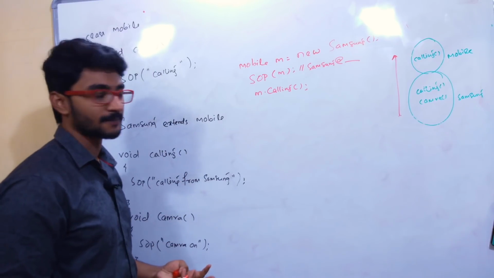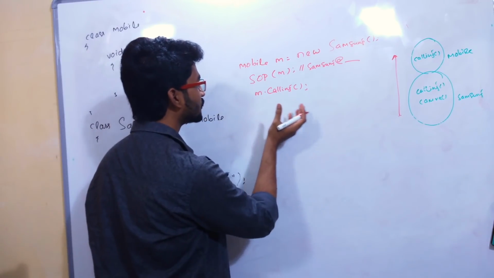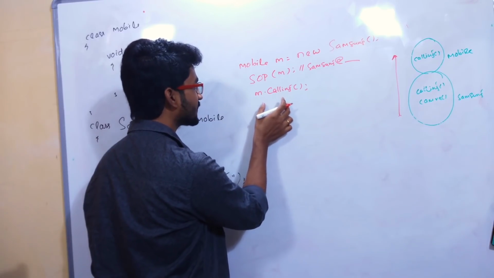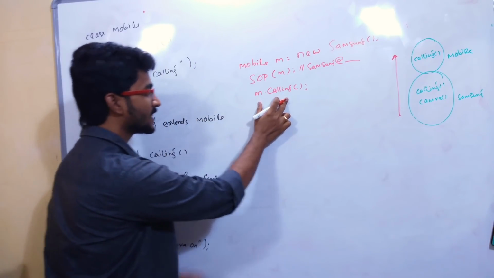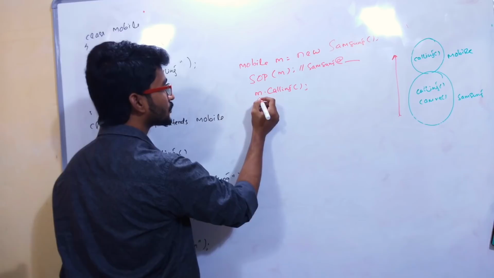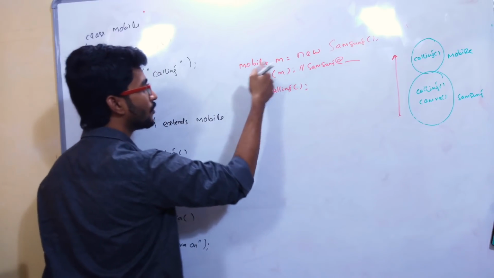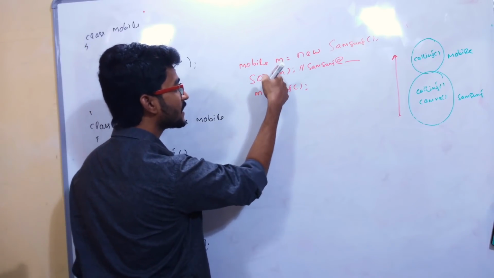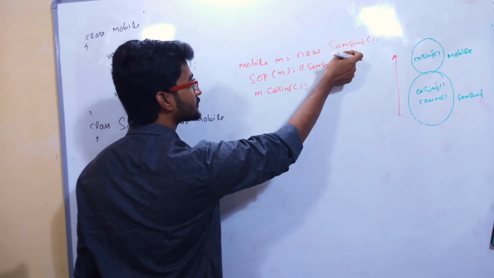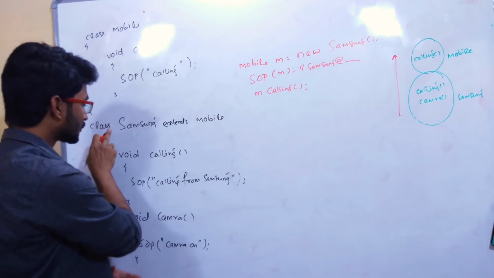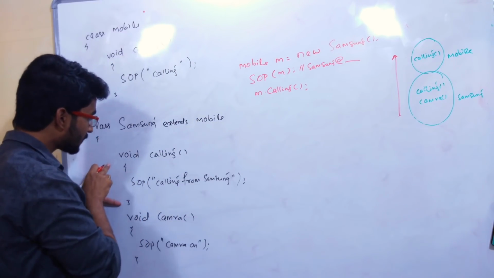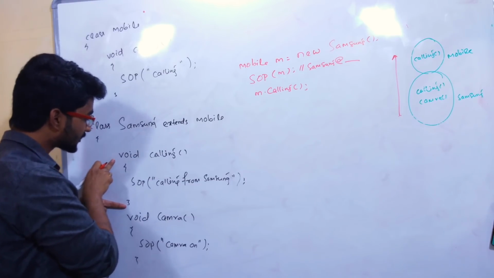So this compiles fine. But when the JVM executes this program, it is going to check: this M is a mobile type and this M is storing the object of the Samsung class. So in the Samsung class, it checks whether the calling method is overridden.